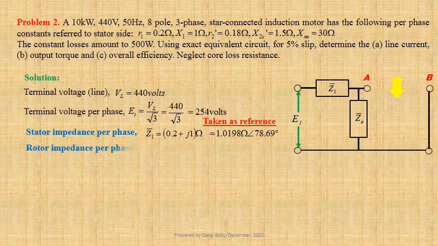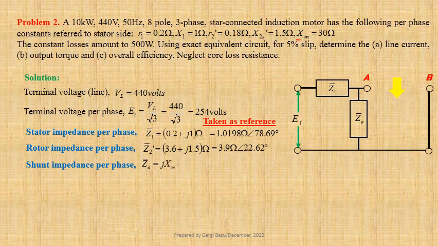Rotor impedance per phase referred to the stator Z2' equals 3.6 plus J times 1.5 ohm, that is equal to 3.9 ohm at an angle 22.62 degree, and shunt impedance per phase Z0 equals JXM equals J times 30 ohm. This may be written in polar form as 30 ohm at an angle 90 degree.